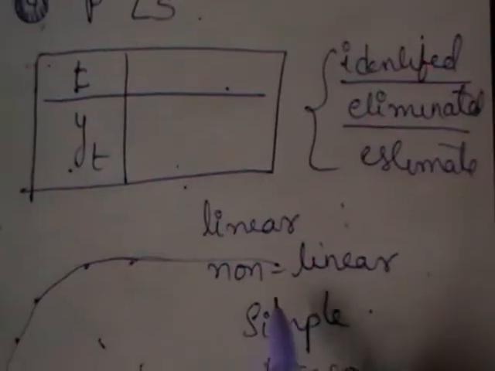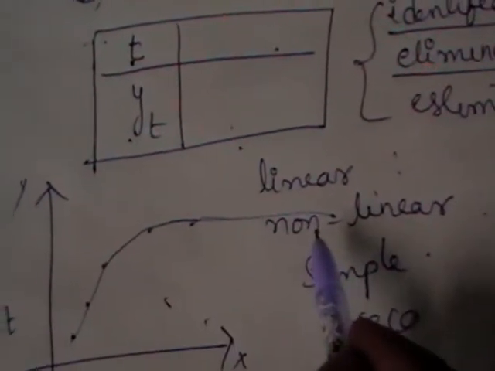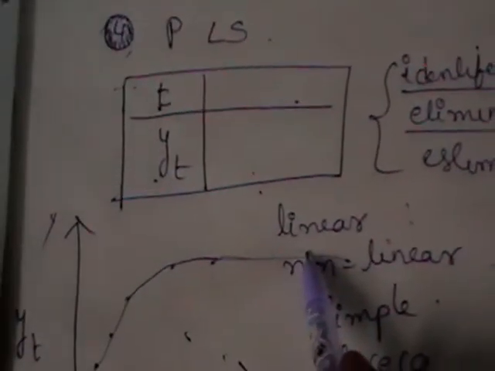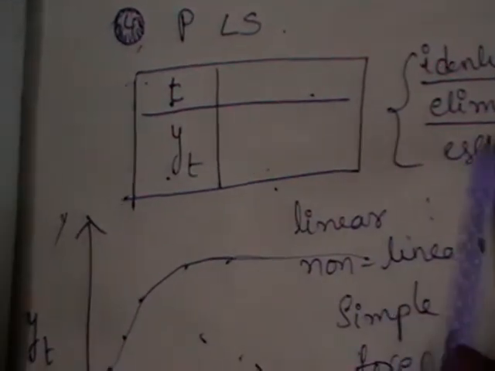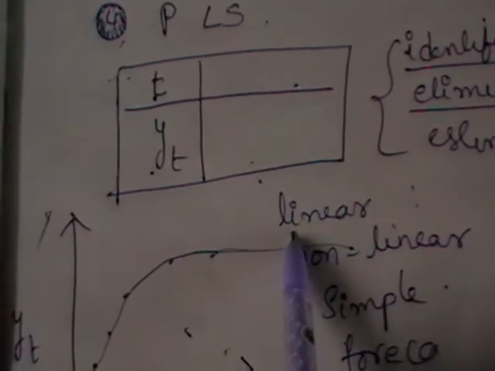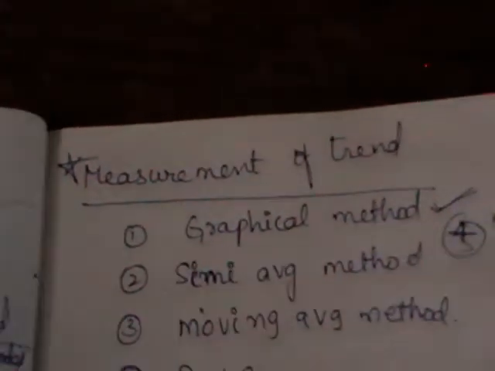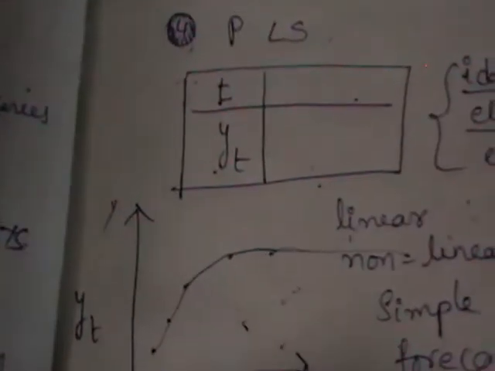Even though it's a very simple method, it just gives the nature of the trend. It doesn't estimate, and we cannot eliminate using this method. So even though it's a very simple method, it has its own drawbacks and merits also. So it is a very rarely used method.